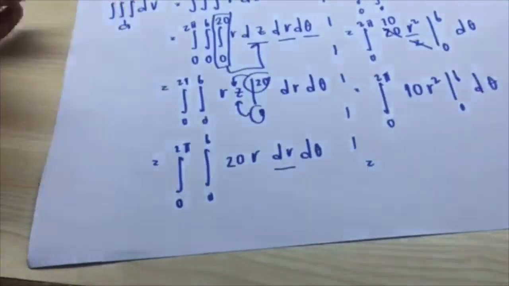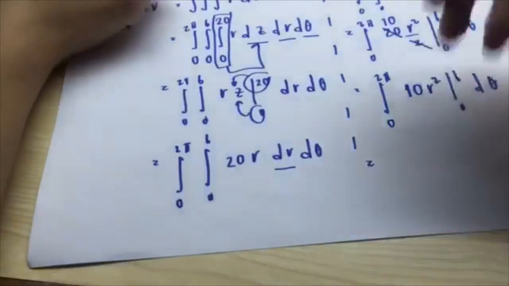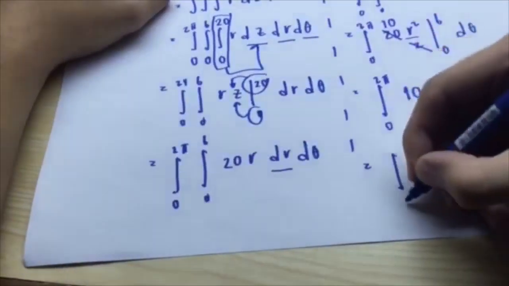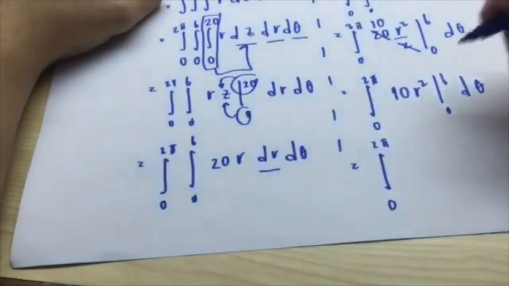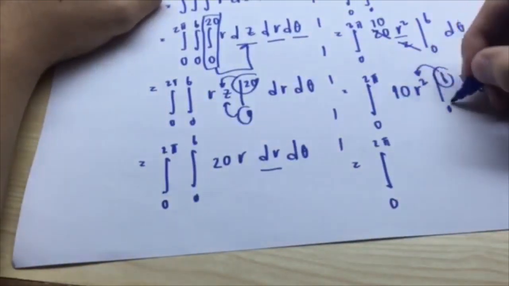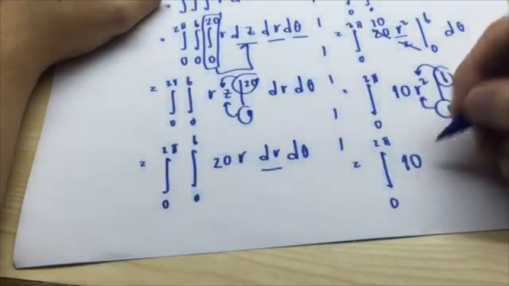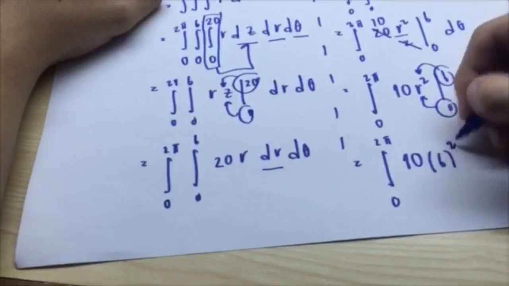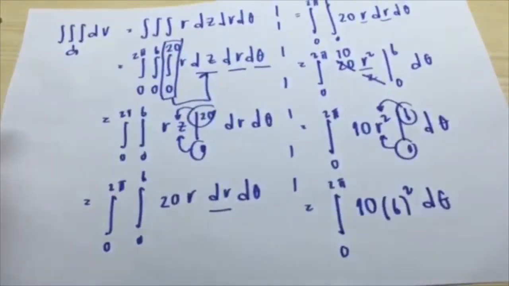So I will write down the easier way, from 0 to 2 pi, and substitute 6 for r squared and 0 for r squared, and then it becomes 10 times 6 squared dθ. So I move on to the next page.